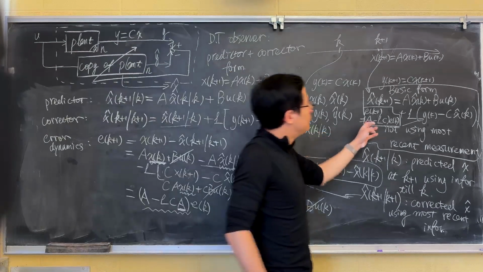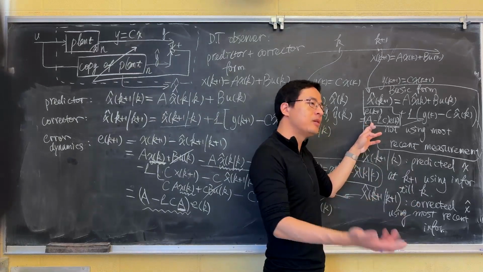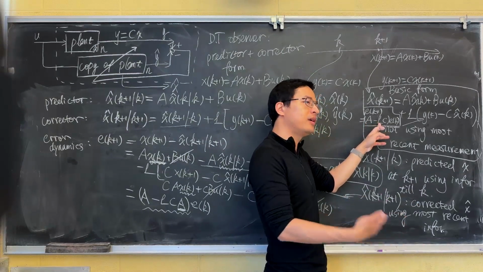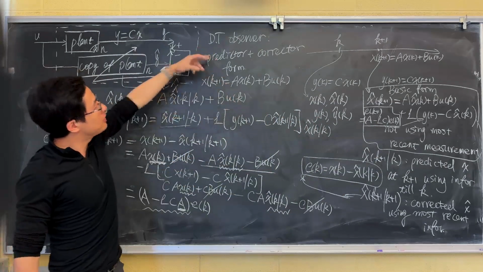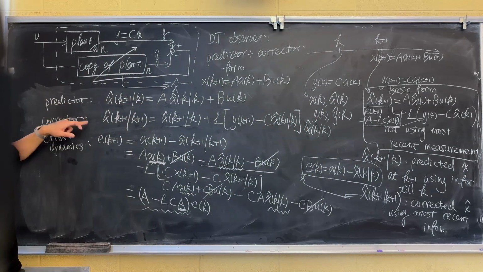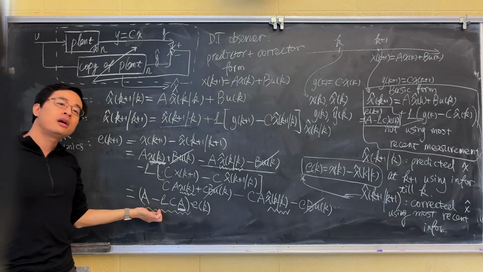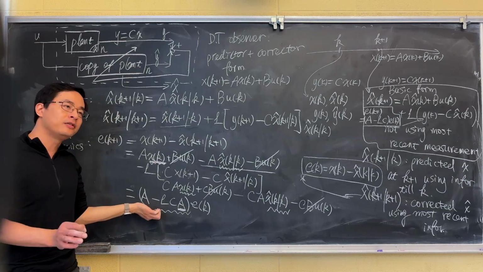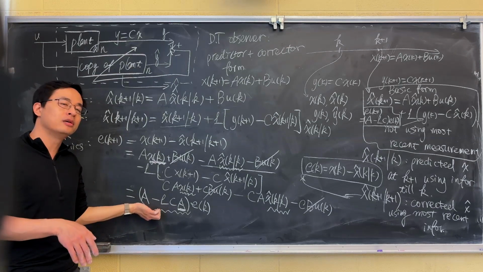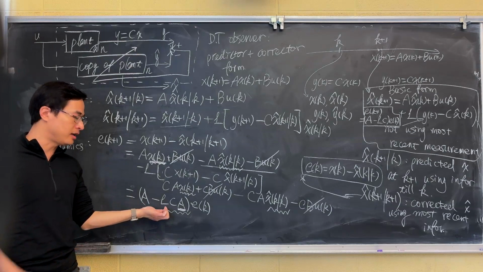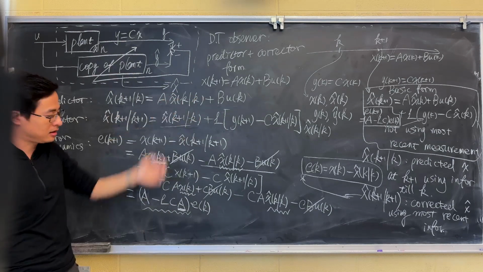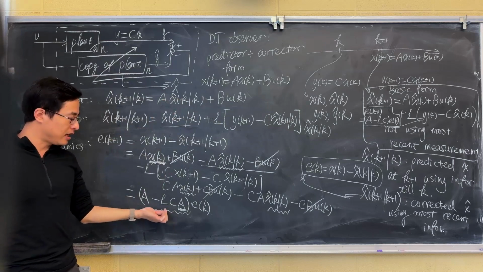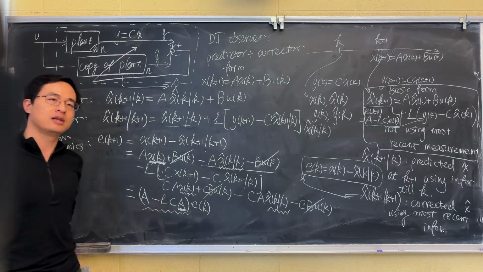In the earlier design, we know that if the system is in observable canonical form, L can be designed very easily. The trade-off of doing this corrector-predictor type of form is that you no longer have that level of numerical simplicity in designing L. So you make the design a little bit more complex, you try to embed more things in here. The design of the observer gain becomes slightly more complicated.